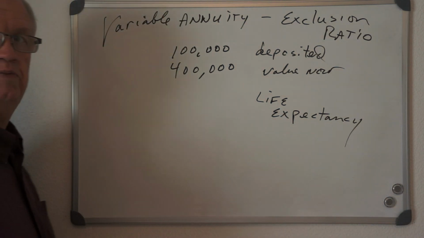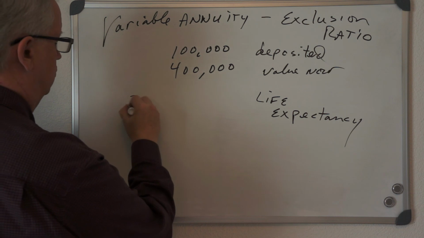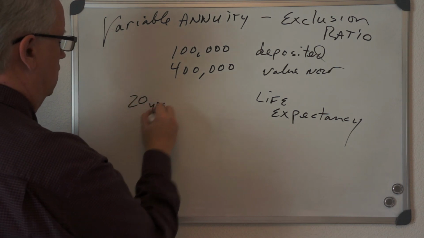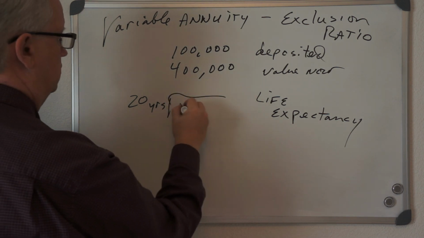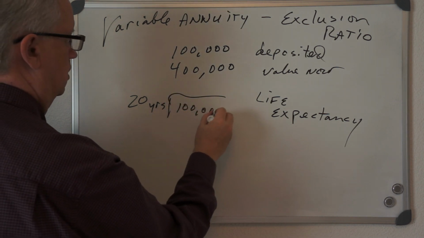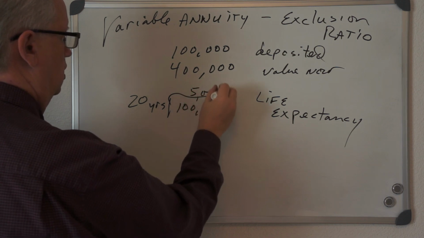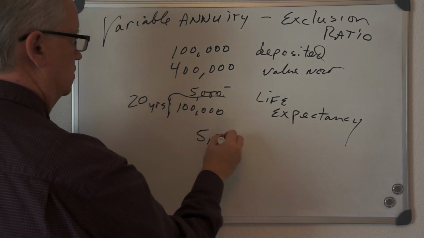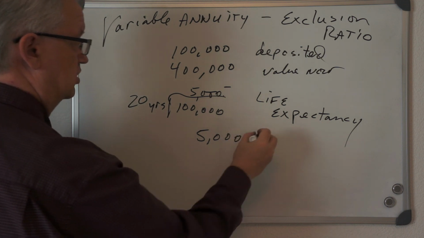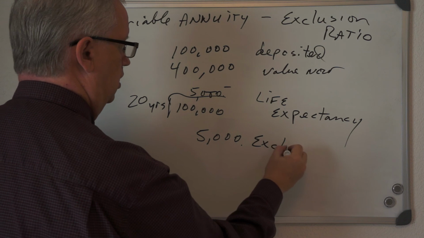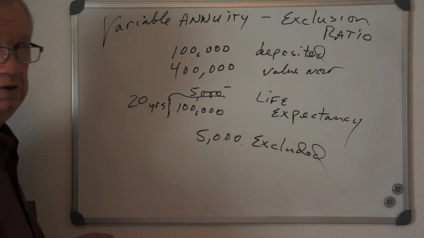So they look up the chart, they say, okay, this is how old you are. You're expected to live 20 years. And how much did you deposit? $100,000. So $5,000 is excluded from taxes annually.